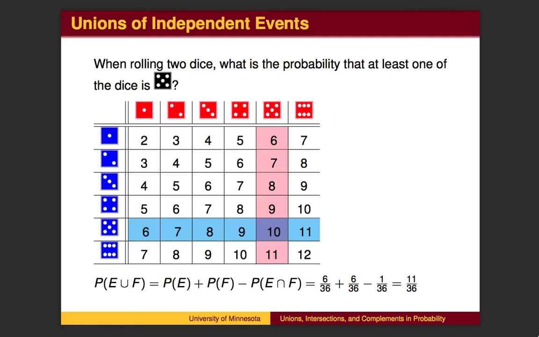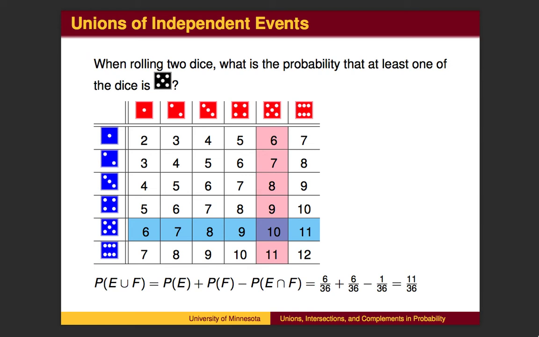We are now ready for a slightly more detailed formula for unions of independent events. When rolling 2 dice, what is the probability of getting a 5 on at least one of the two? This can be read using the word OR. We need to get a 5 on the blue die or a 5 on the red die. There are 6 outcomes in the blue row. There are 6 outcomes in the red column, but we have overcounted.